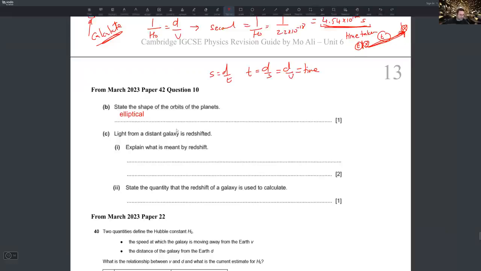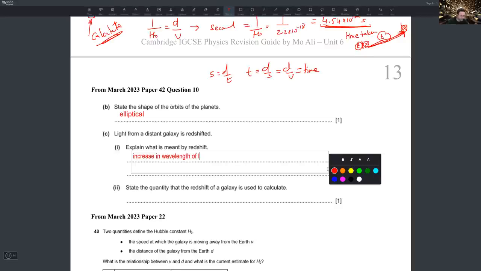Next. This is from March 23. Light from a distant galaxy is redshifted. What is meant by redshift? So what is redshift? It is the increase in wavelength of light emitted by a receding galaxy.